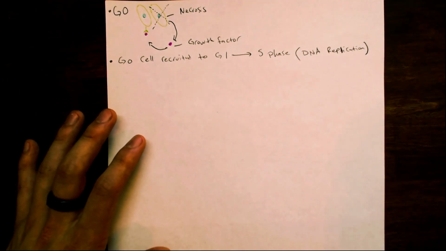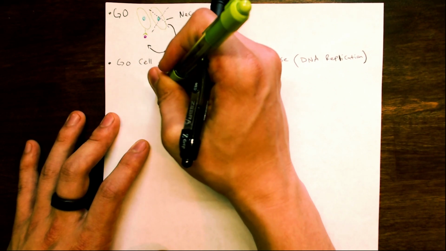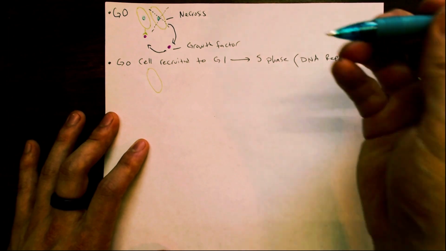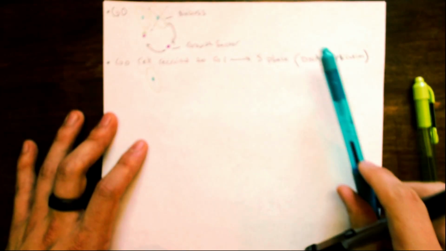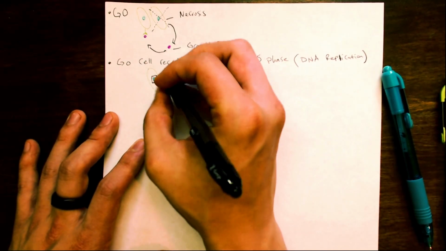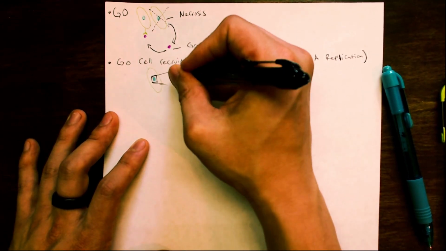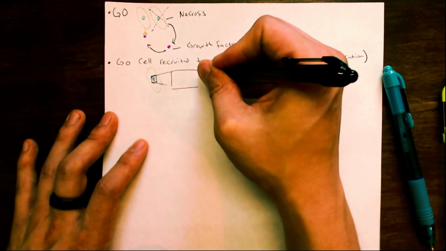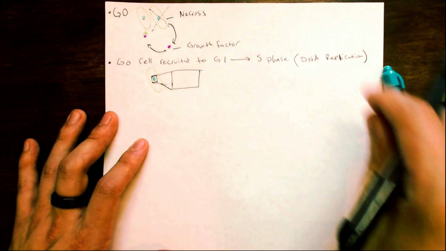So let's draw that cell again. This cell here. Cell membrane is green, genetic material, I think I used blue. And let's zoom in real quick into this nucleus, and we're going to be focusing on a single chromosome rather than drawing every single chromosome in this cell.